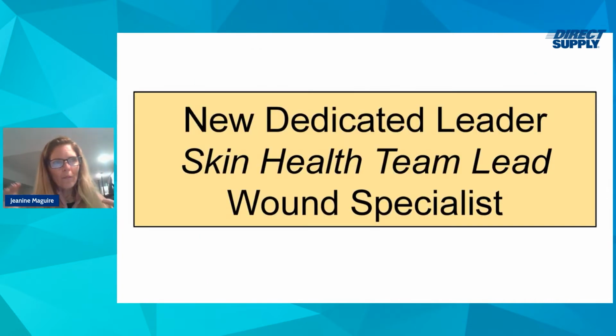So one thing that you can do is create a position of a dedicated leader. A lot of people say, oh, we have a treatment nurse or a wound nurse. And often that is somebody that does treatments, which is a great thing.